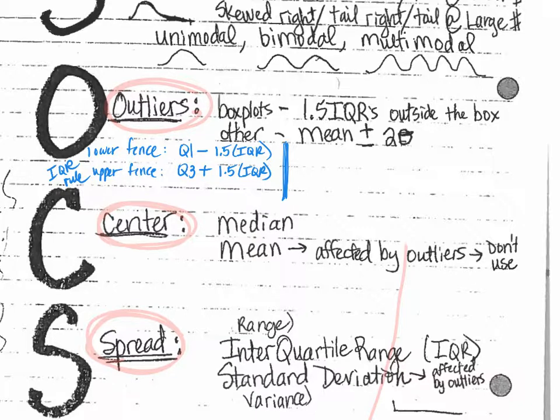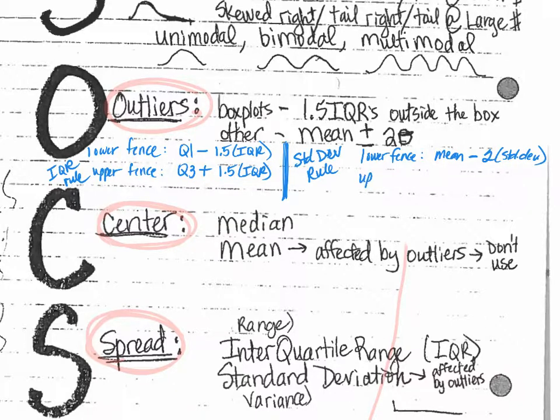But if we end up using means and standard deviations, because those kind of go together, then we have a standard deviation rule for outliers. And this is new today. So our lower fence, and we'll look at this also on page 20, is the mean minus 2 standard deviations.